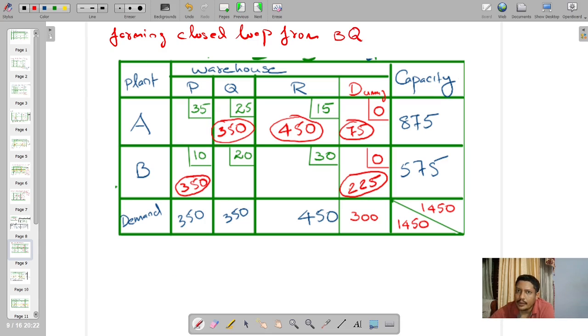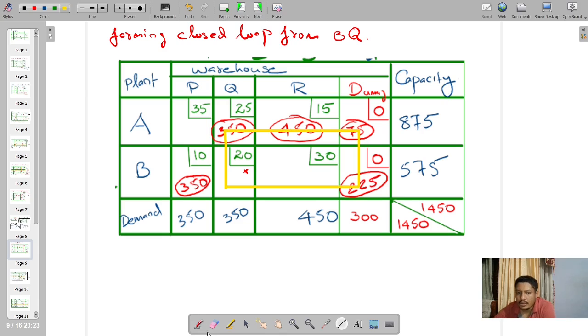If you want to form a closed loop starting from BQ, we go to AQ, then from AQ to dummy, that is AD, AD to BD, and then close the loop.